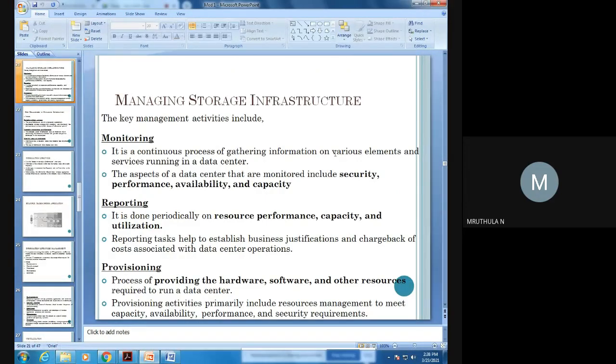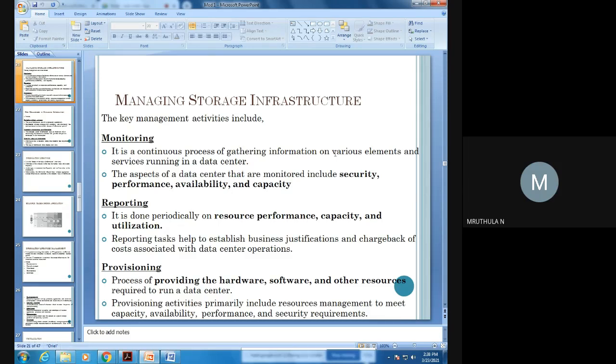Managing a data center involves many tasks, and the key management activities include monitoring, reporting, and provisioning. Monitoring is a continuous process of gathering information on various elements and services running in a data center. The aspects of a data center that are monitored include security, performance, availability, and capacity.